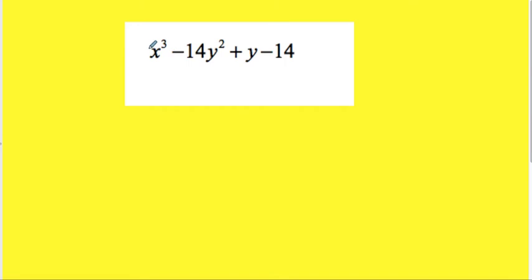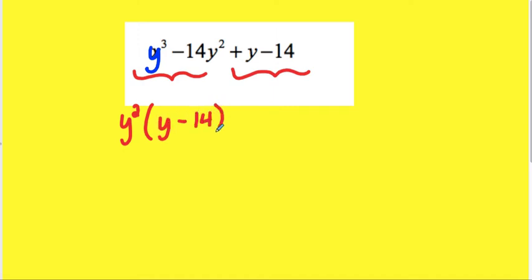All right, let's try another one: y cubed minus 14y squared plus y minus 14. This one was a little bit more challenging. Again, we are going to group together. I always check the first 2 and the second 2, but you can move them around if you need to. We take out a y squared because that's the greatest common factor in the first set. That leaves me with y minus 14.